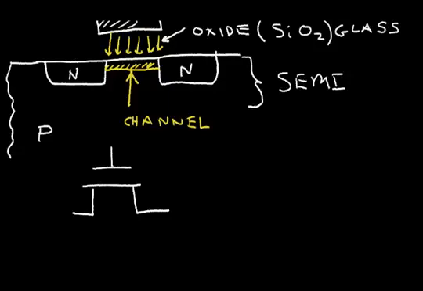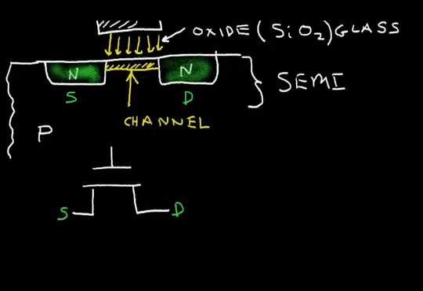So this is N-type silicon. This is N-type silicon. This can be called the source. This can be called the drain. Now the symbol, this would be the source terminal. This would be the drain terminal.